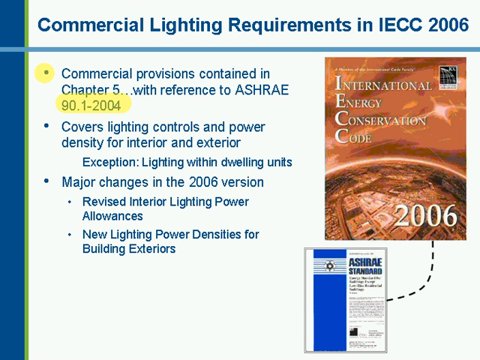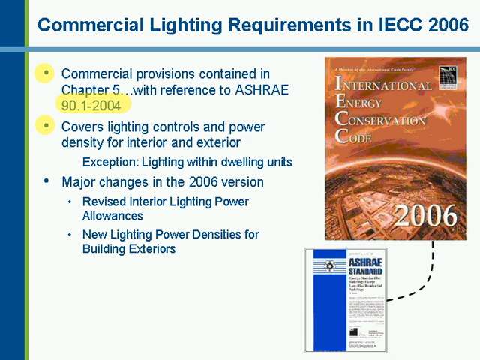So if you don't want to comply with the Chapter 5 requirements in IECC, you can opt to go with compliance to ASHRAE 90.1. And in this case, IECC 2006 references the 2004 version of ASHRAE, so that's one you would need to comply with.